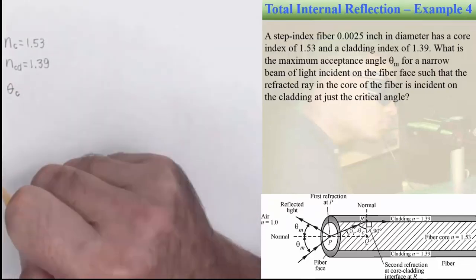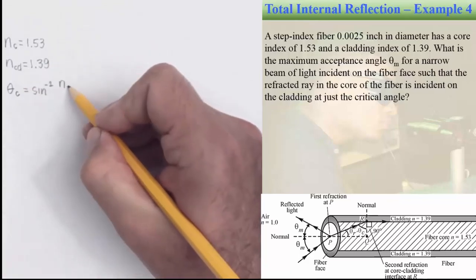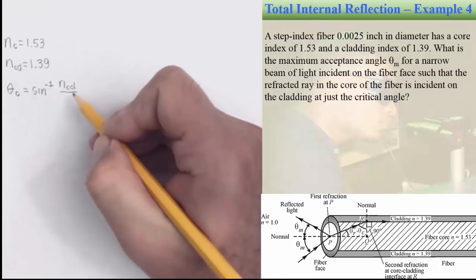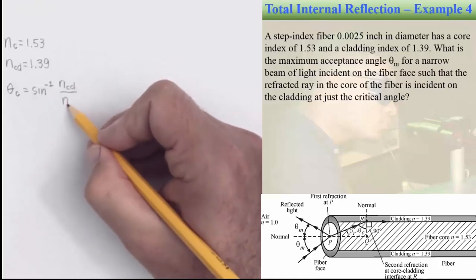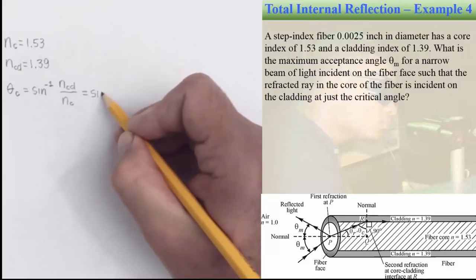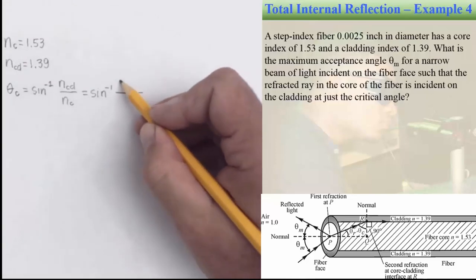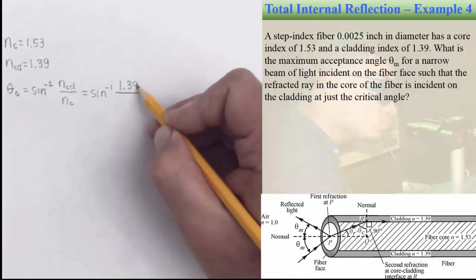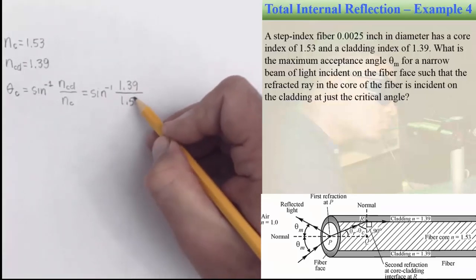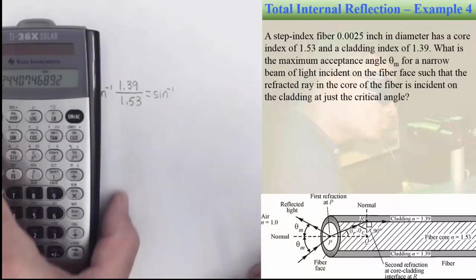So the critical angle theta c is equal to the inverse sine of the second medium, which in our case is the cladding, over the first medium, which in our case is the core. So from here we have inverse sine, substituting for these two indices of refraction, 1.39 over 1.53, which can be calculated using a calculator.